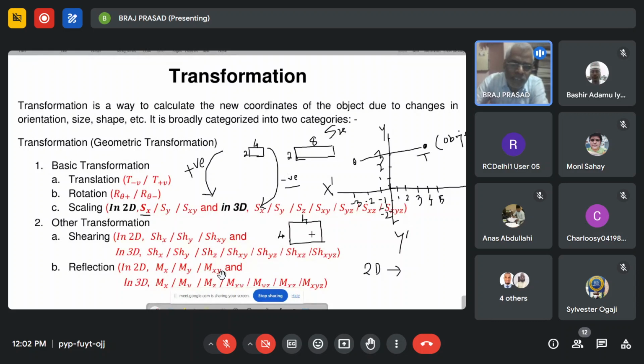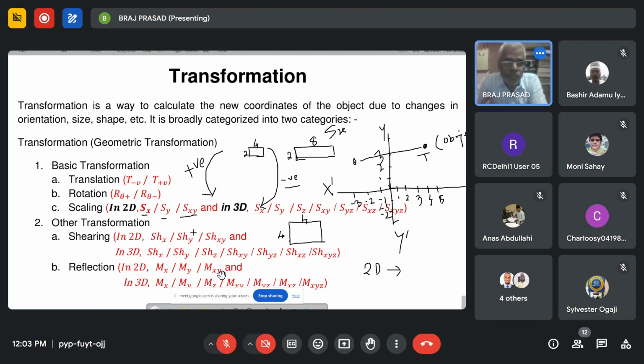This type of scaling is called Sy. And in the previous example, I doubled the length as well as the width, so that scaling is called Sxy. So there are three notations in 2D. First is Sx in the x direction, Sy in the y direction, and Sxy in both directions.